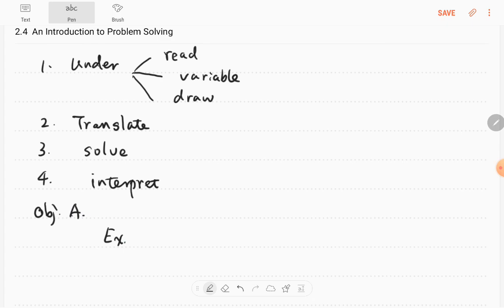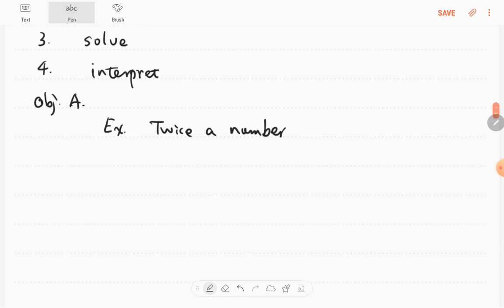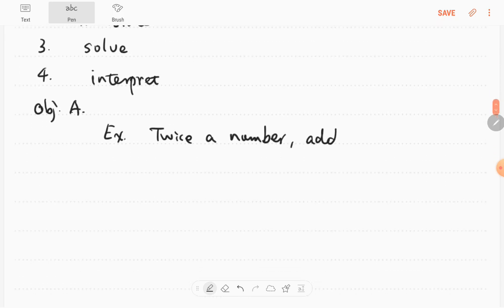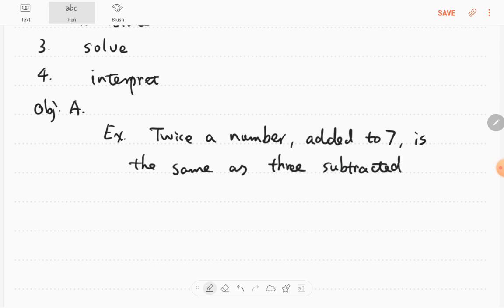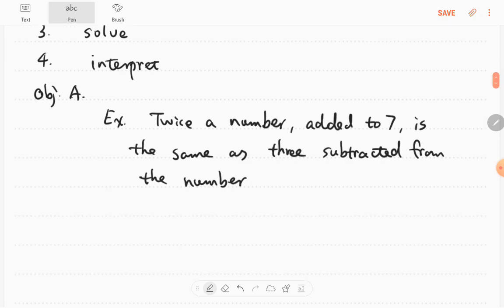If we have this sentence, twice a number, added to 7, is the same as 3 subtracted from the number. So what is the number?